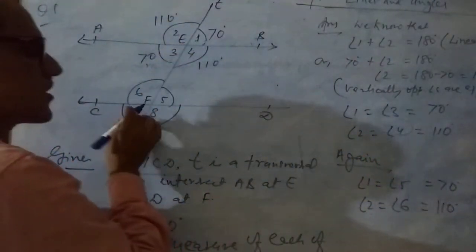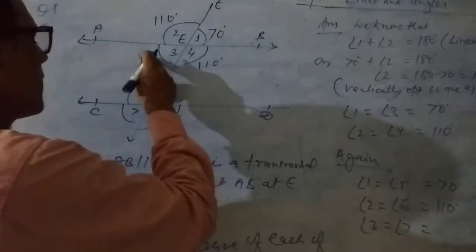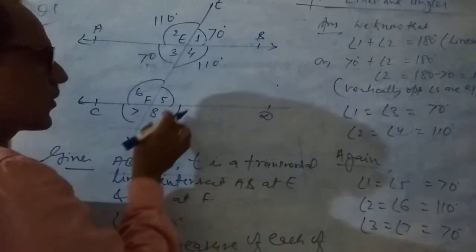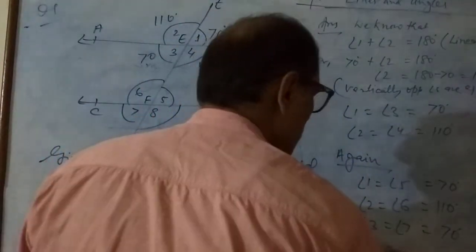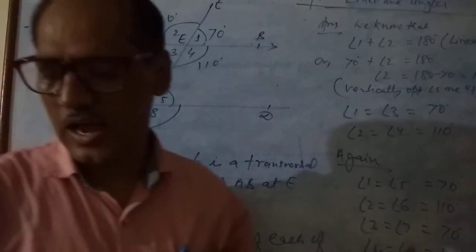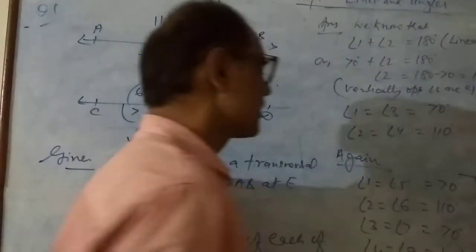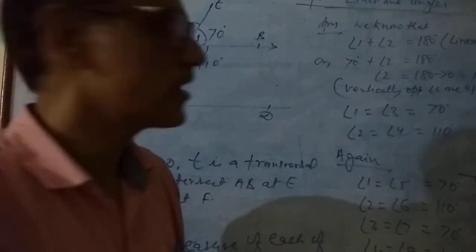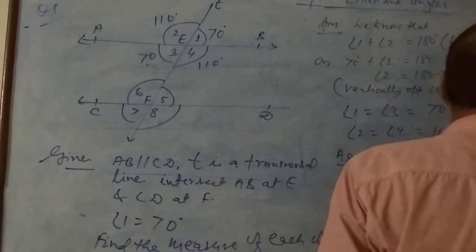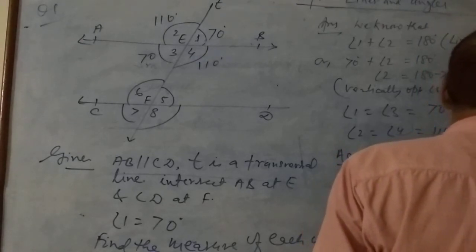Angle 3 is equal to angle 7, which is 70 degrees. And angle 4 is equal to angle 8, 110 degrees. All 8 angles are found. So, corresponding angles are equal.